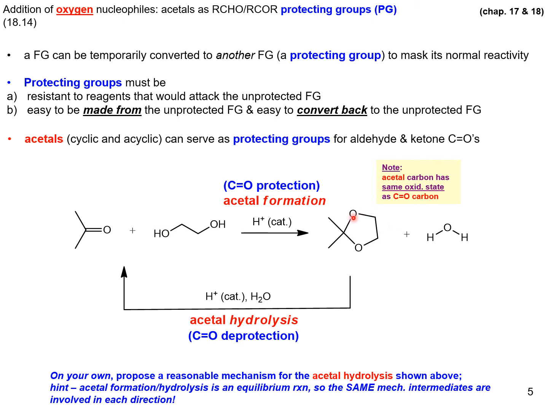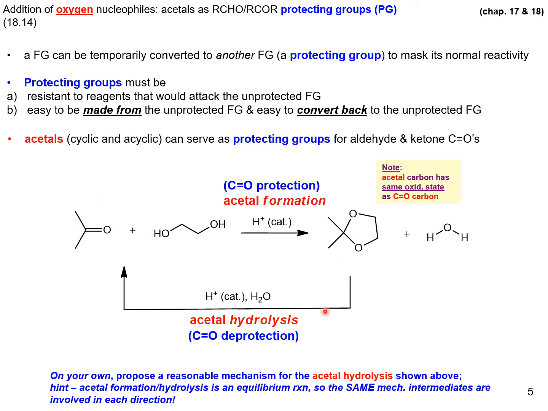So in this case here, hydrolysis of this acetal with excess water and H+ would give you these two molecules. What you should do as a practice problem is write out the mechanism for hydrolysis of this acetal, giving the original starting materials. You'll find that you will be using the same mechanistic intermediates that you used in the mechanism for its formation.